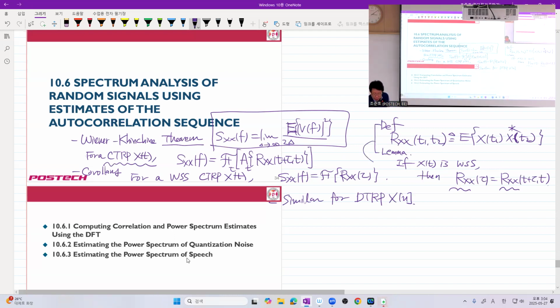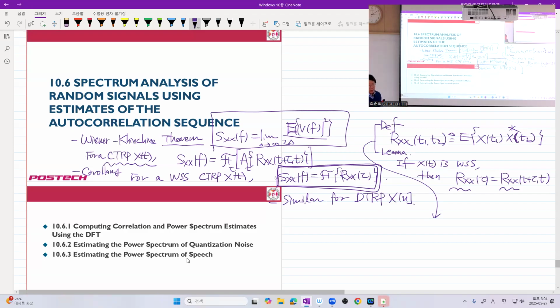And now, good thing is that Wiener-Khinchin theorem itself has a lemma or corollary like this. If the process is stationary, then we don't need time averaging, but Fourier transform of the autocorrelation function.